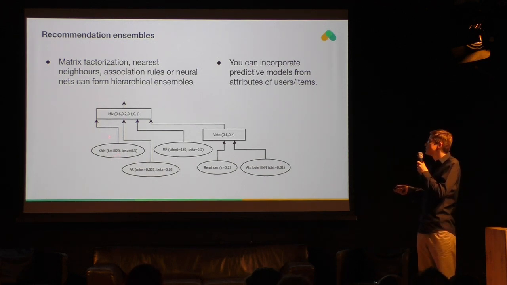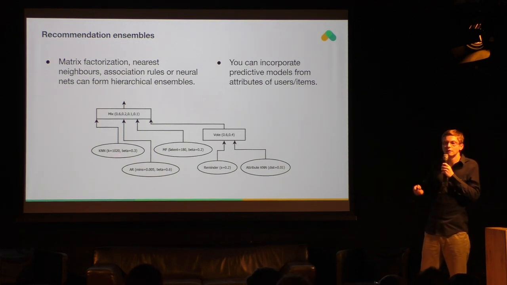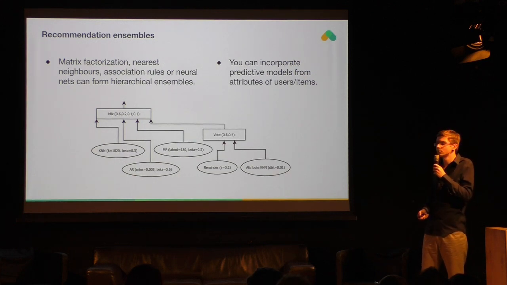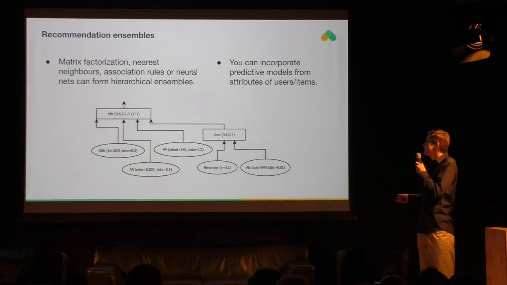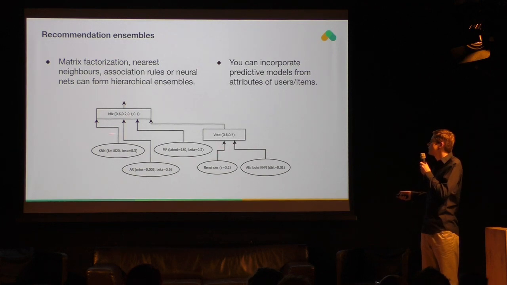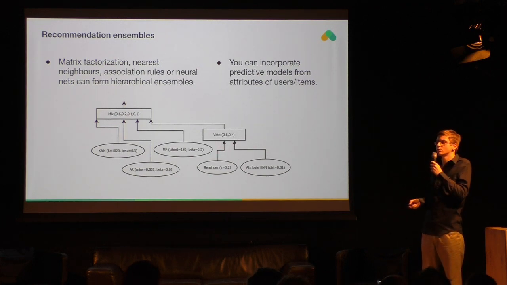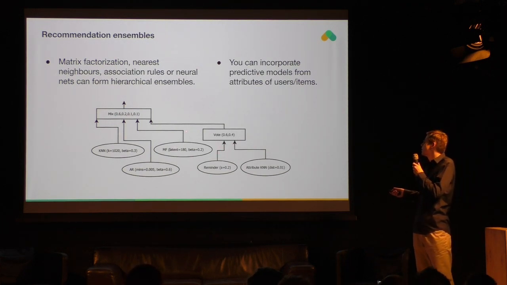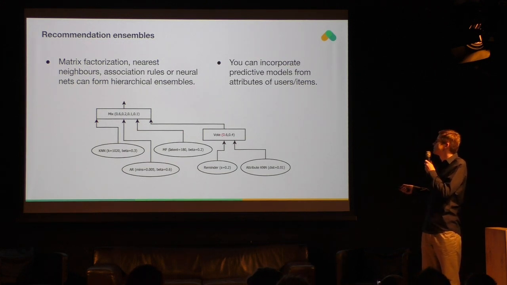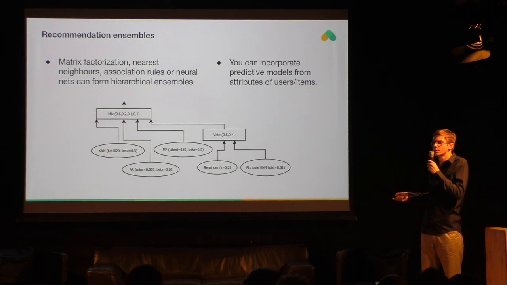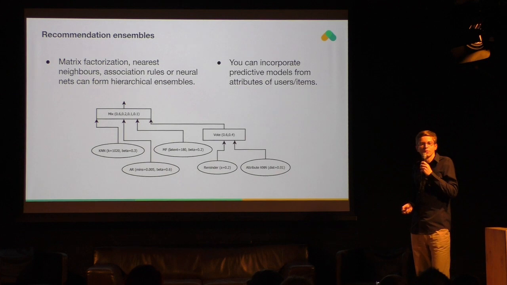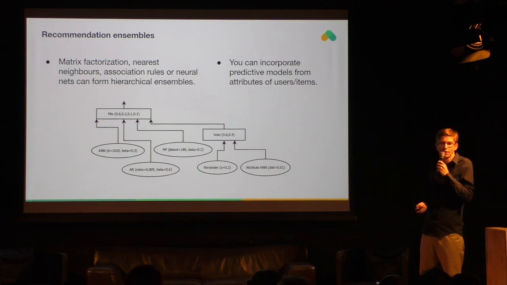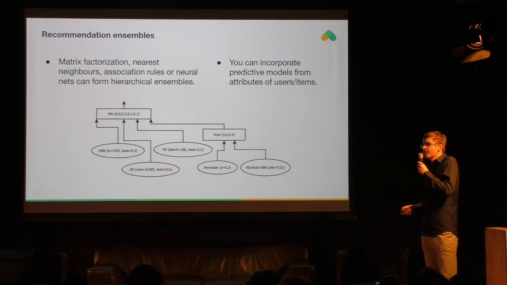They have some outputs, you know, they have some, okay, I think this item is the best for the user, and everyone has different opinions, and you just take their opinions and combine them, and you can combine them in many different ways, by simple voting, or you can combine them with some other model that takes these opinions as an input and outputs another item that it thinks is best for this user.